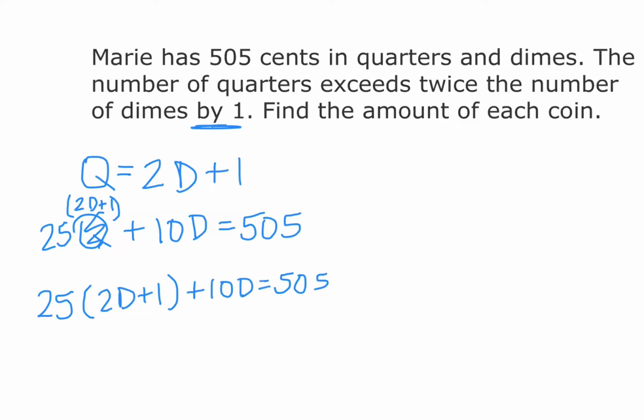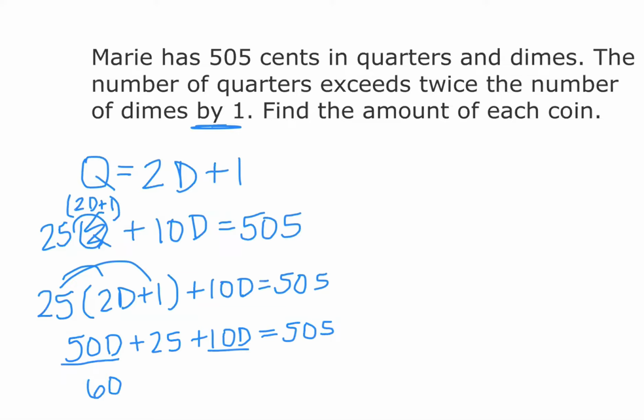All right, now I'm going to distribute: 25 times 2D, 50D, 25 times 1, plus 25, plus 10D equals 505. So I'm going to combine like terms, 50 plus 10, 60D plus 25 equals 505. I'm going to minus 25.